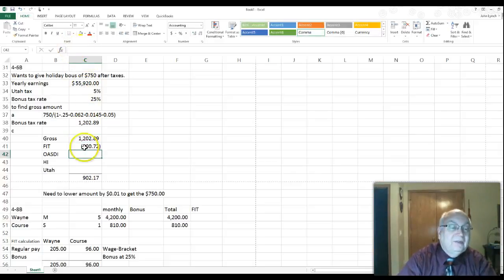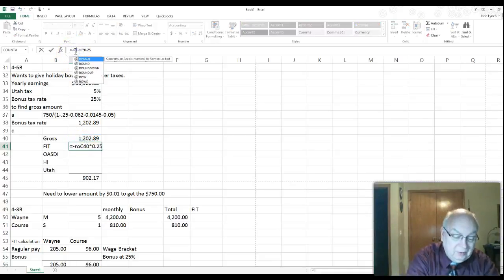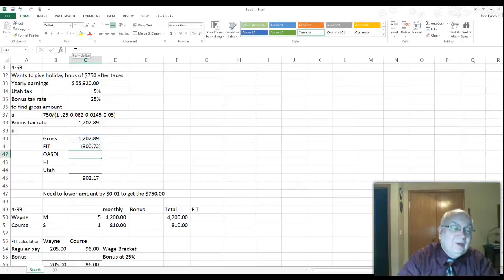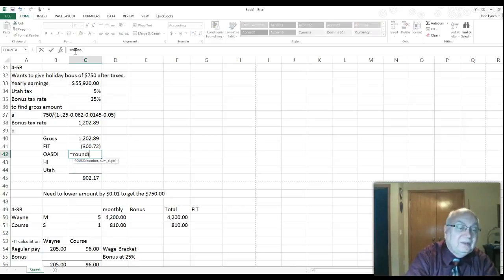So it gives you a negative 372. Probably ought to use the round function just to be safe, because formatting is okay, but it doesn't always work because formatting is different than rounding. I think I went over that before.